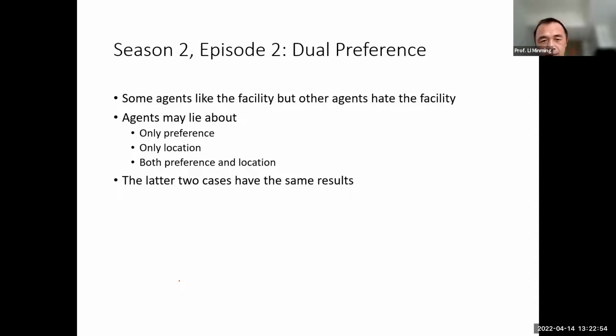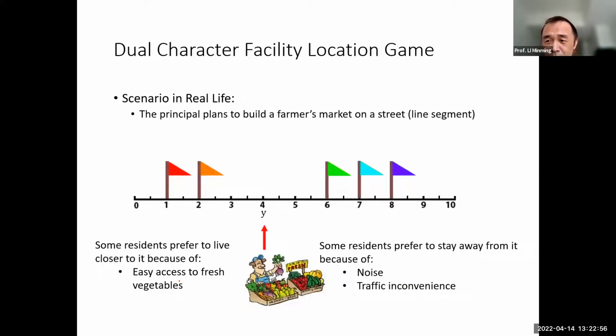So what's the example? Here is one. Suppose we are building a farmer's market, and people like us say, oh, this is very good, very convenient. We can buy fresh fruit and fresh vegetables conveniently at a cheap price. Wow, that's nice. But there are also some people who do not like it.